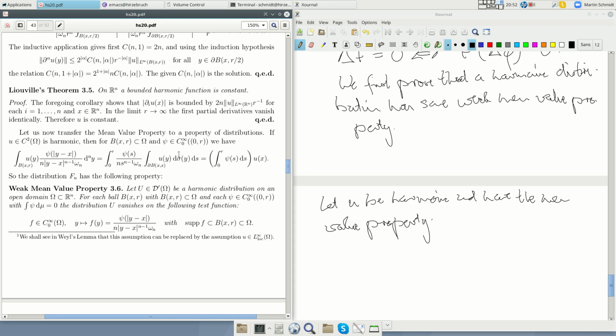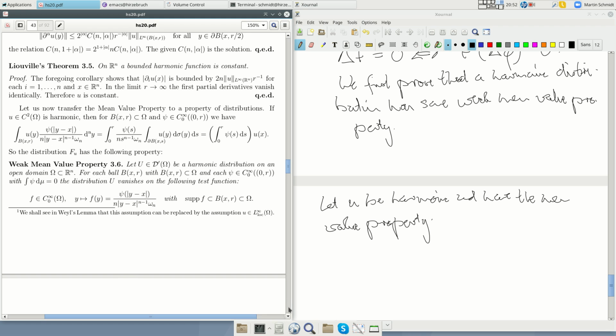So this whole thing is equal to the integral from 0 to r of this real function on a real interval times u of x. So this integral vanishes, it is 0. Now this we will make into the weak mean value property. Okay, let's see how we can do this. Again, we have a ball.